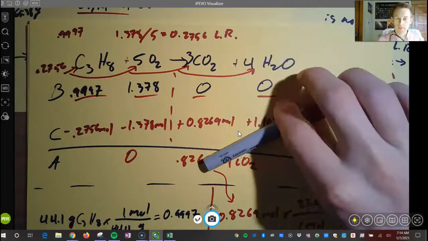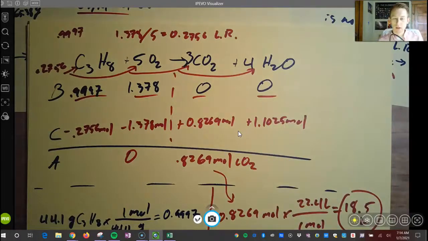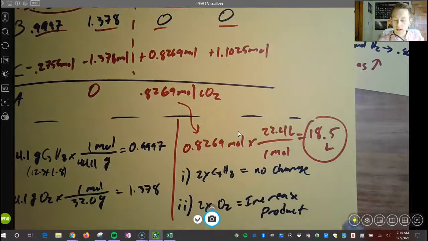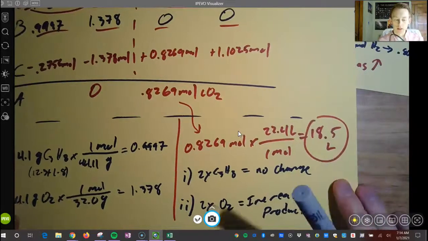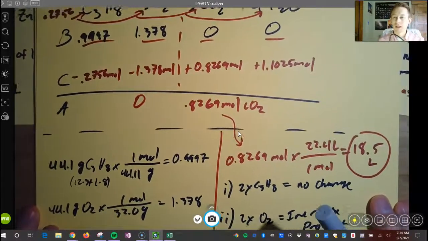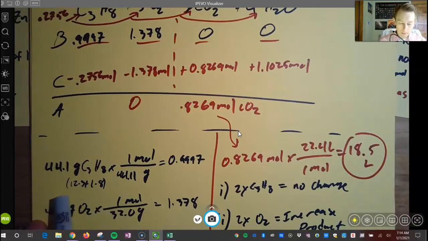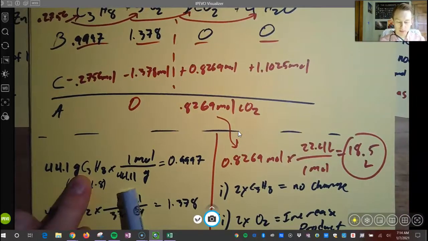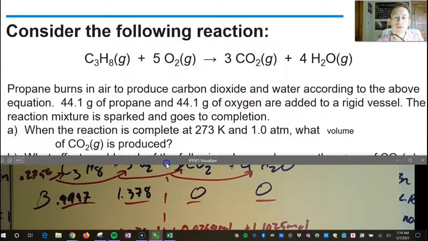So, this is my whole mess of work that I showed, but in the end I got 18.5 liters. Just make sure I did it right. But this is what I got for my molar mass of, what is this? Yeah, propane.